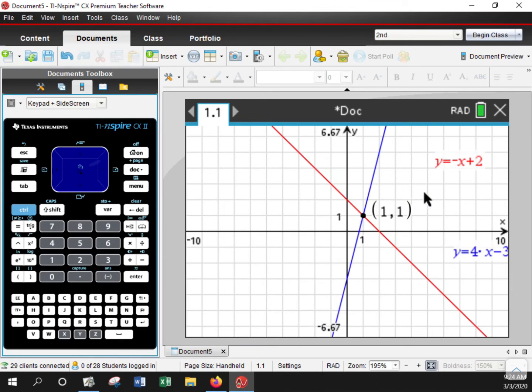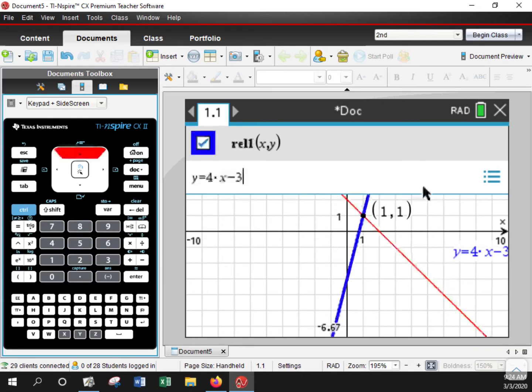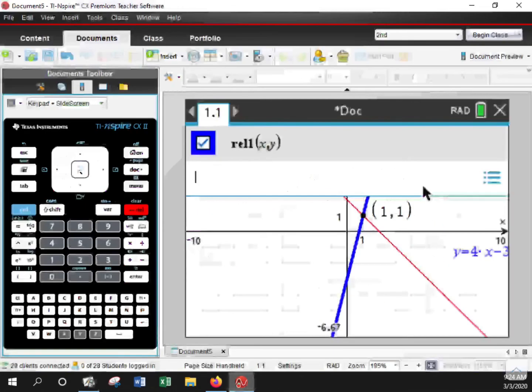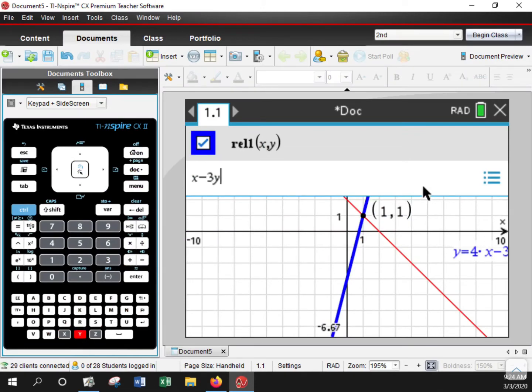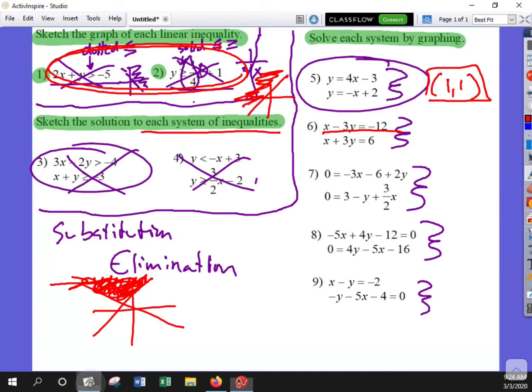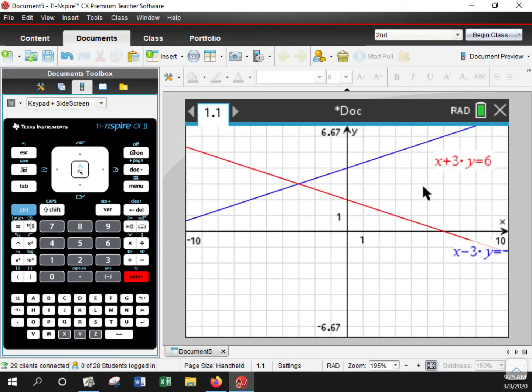Now here's a cool thing. If we've already started, I can just go Control G, and if I don't write a new relation but go back and erase one and write one, so x minus 3y equals negative 12, then press down, then erase this one and do x plus 3y equals 6, and hit enter.